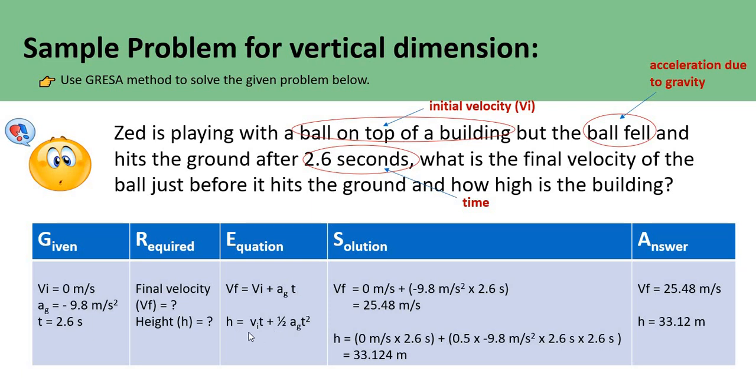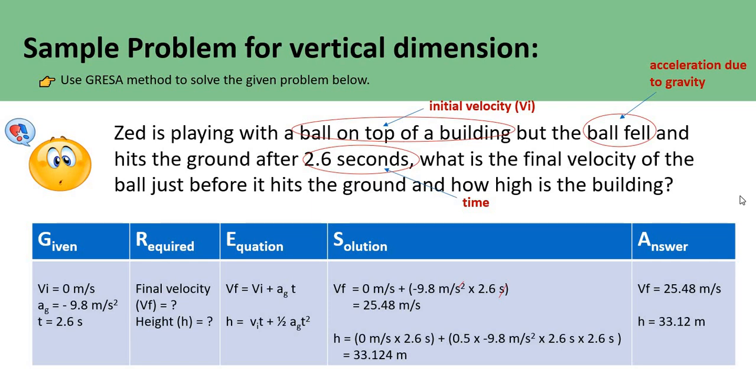While the equation for height is similar to distance or displacement: height, h, is equal to initial velocity, Vi, times time, t, plus 1/2 or 0.5 times acceleration due to gravity, times time squared, t squared. For the solution, again, all you have to do is substitute it. Therefore, the final answer is 25.48 meters per second for final velocity, or Vf, while 33.12 meters for height.